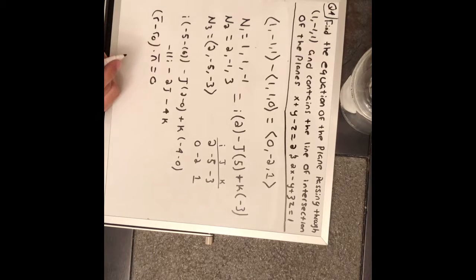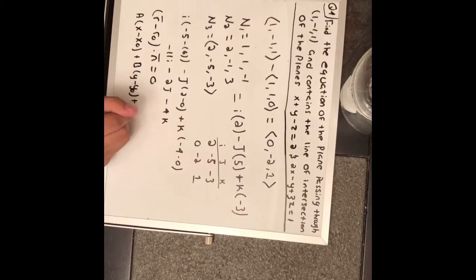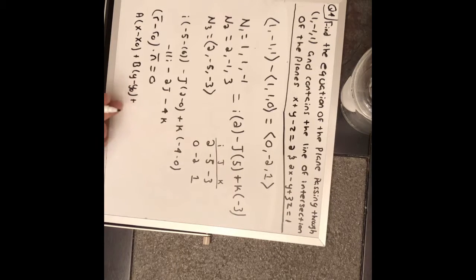This general equation can also be written as a(x - x naught) + b(y - y naught) + c(z - z naught) = 0.